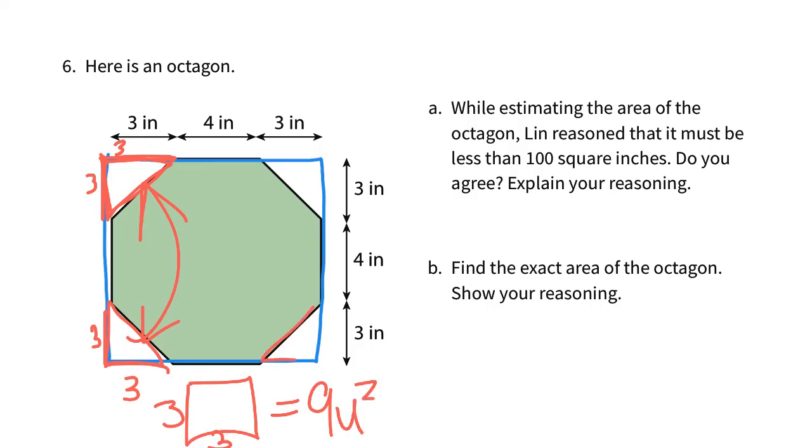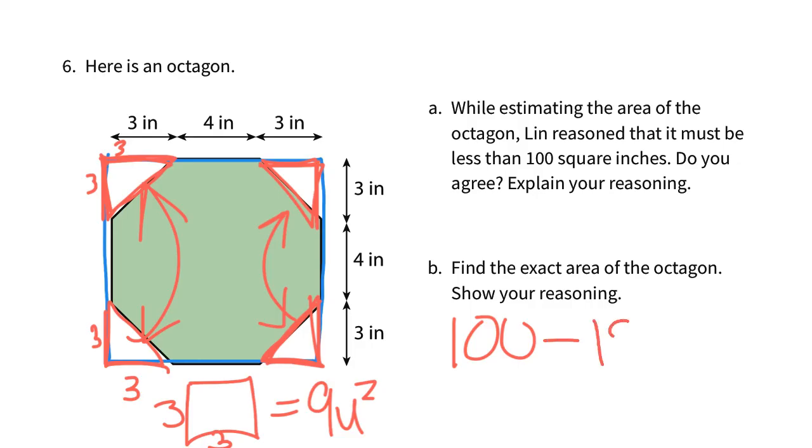And by the way, this triangle here and this triangle here do the same thing and give us another 9 square units. So together, we started off with 100 square units for the entire square, but now we need to subtract 18 because that 18 is those little triangles right here.